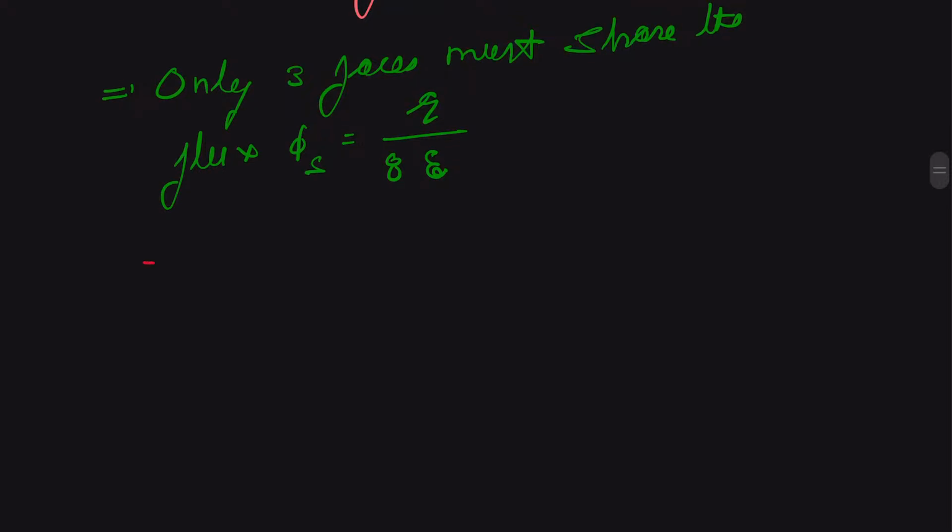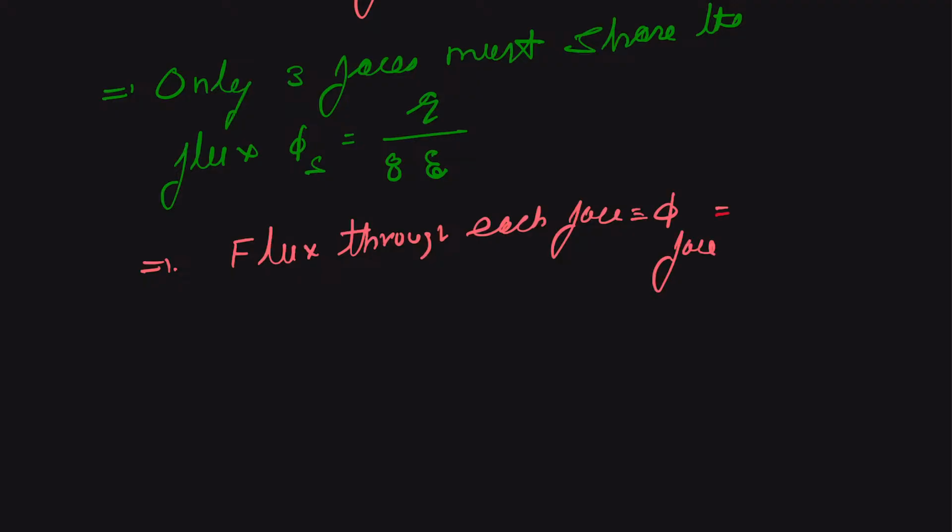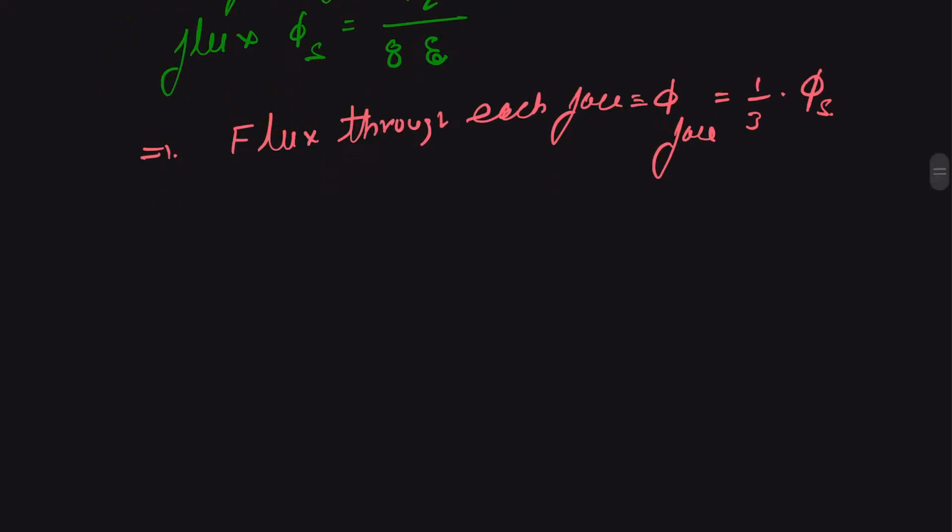Therefore, the flux through each face will be equal to 1 by 3 of our smaller flux. So we get that the flux through each face will be q upon 24 times epsilon naught.